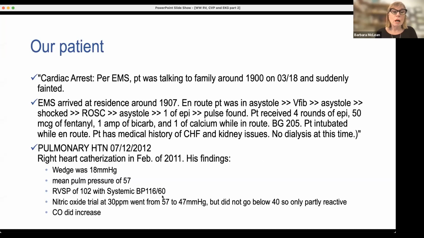And her PA mean pressure dropped from 57 to 47, but it didn't go below 40, which is what you want to see when you give somebody a pulmonary vasodilator trial. So she's only partly reactive to pulmonary vasodilation, even though her cardiac output increased at that time. Now that's all history. She was diagnosed as having chronic pulmonary hypertension in July of 2012. Okay, now we're talking about 2023.